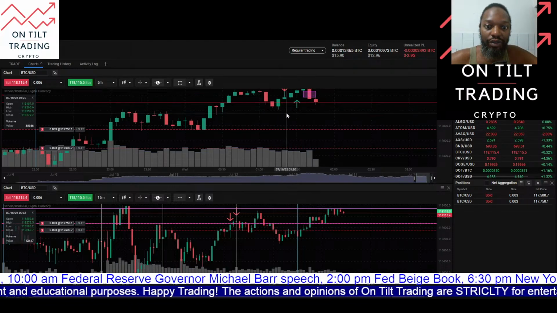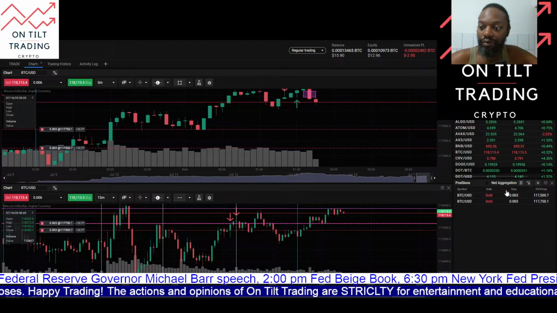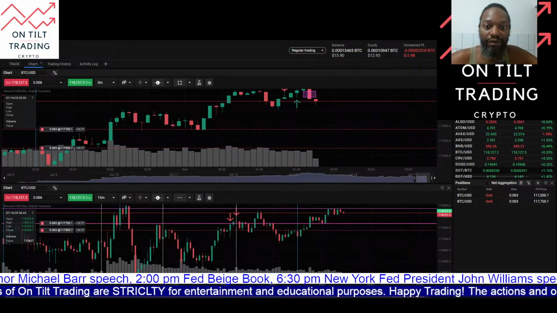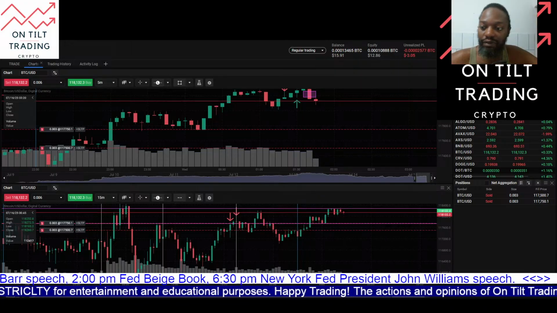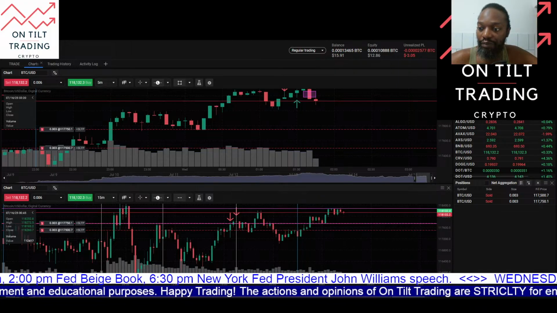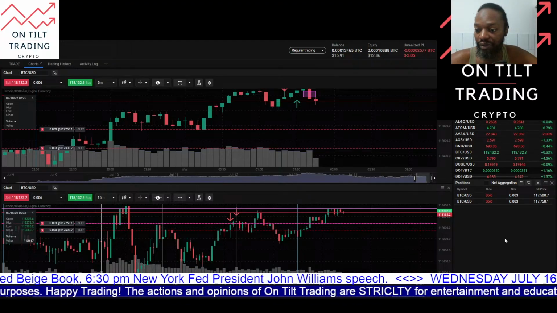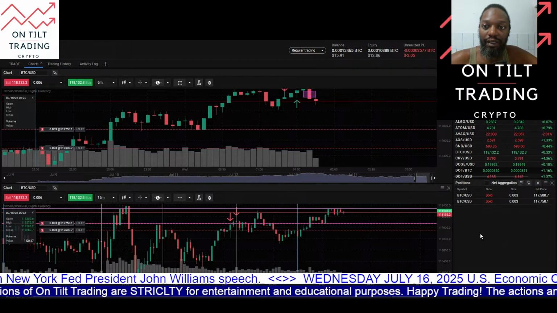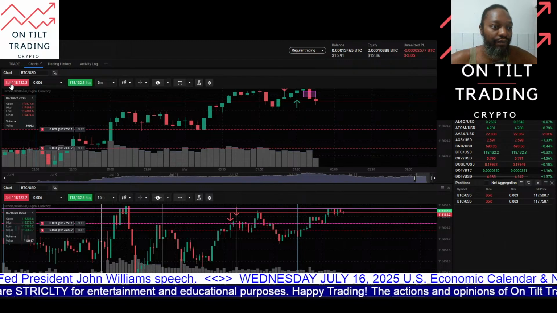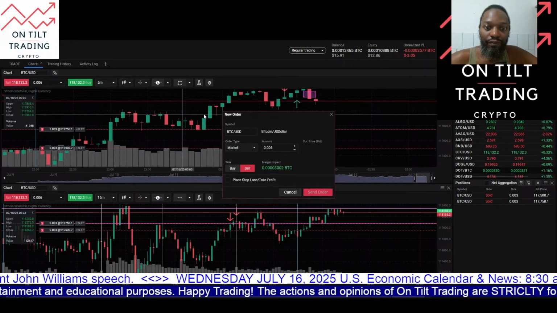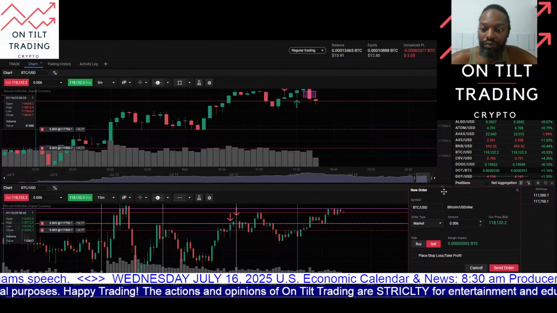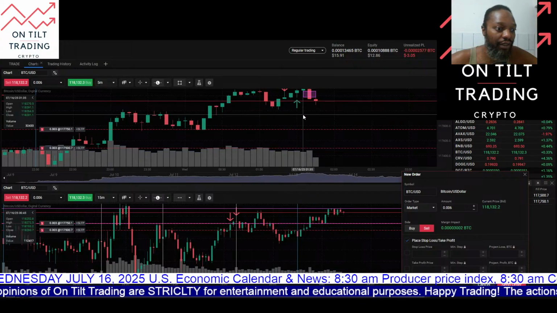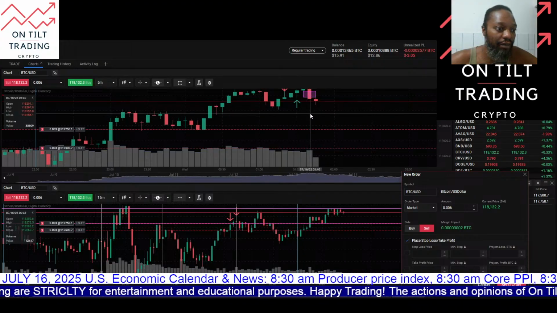But I'm going to need a closure below this level here in order to confirm a market structure shift. And that will need to happen here within the trade window. So about 13 minutes here for that to happen. So I'll pull an order up and start to work on it, even though this trade may or may not come to fruition.